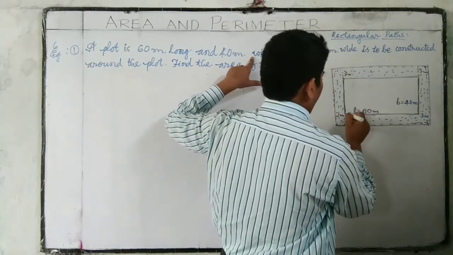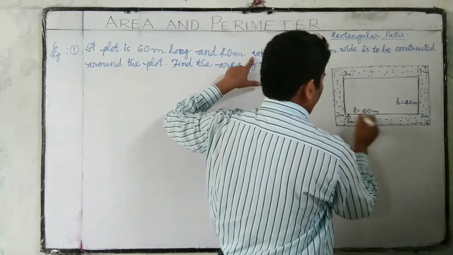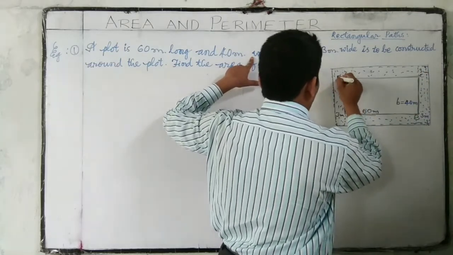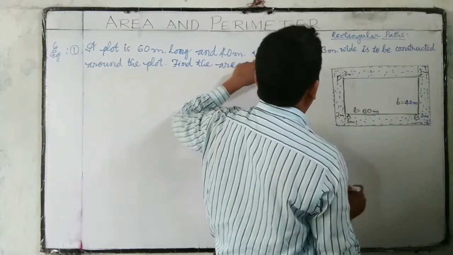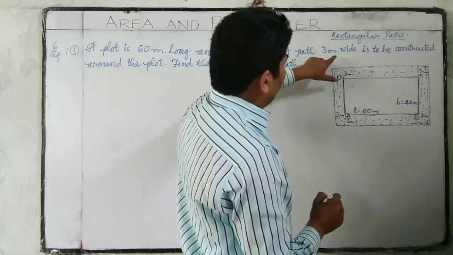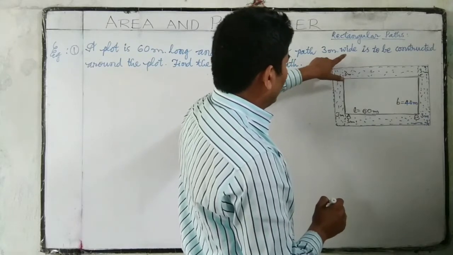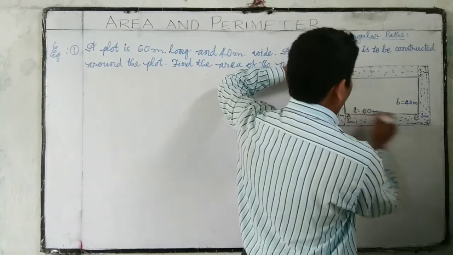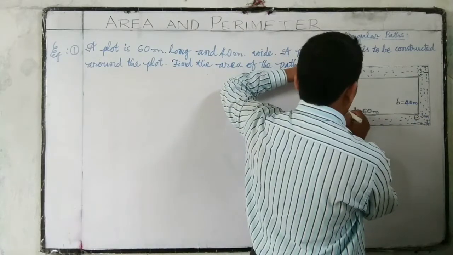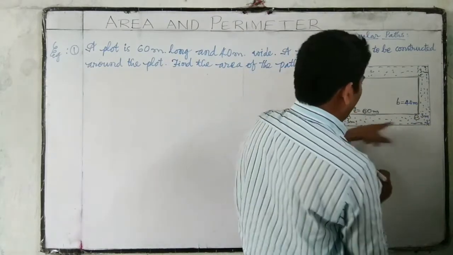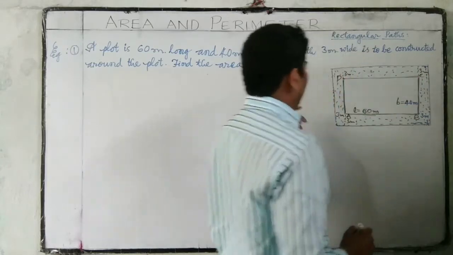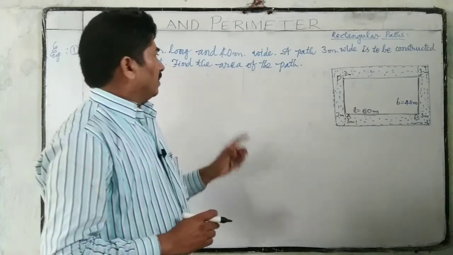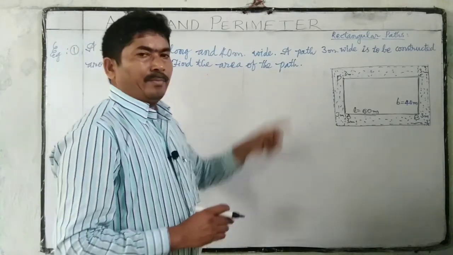So this is a rectangle ABCD, and also given the width, wide means width 3 meters. The width of the path is 3 meter is given. So using this we can find the area of the path.